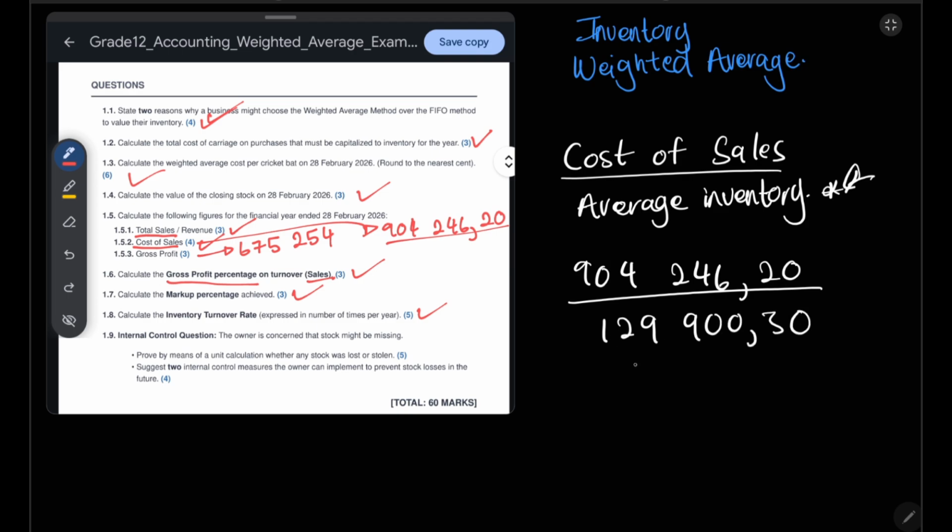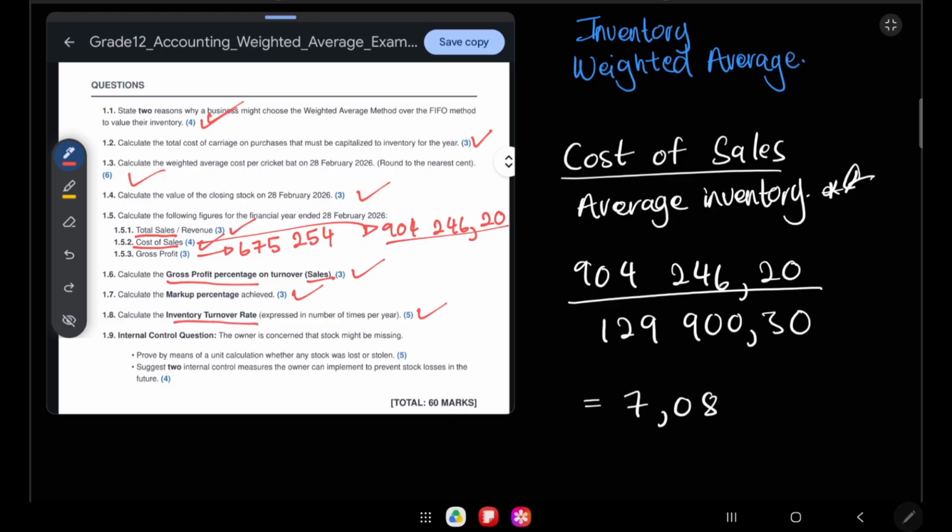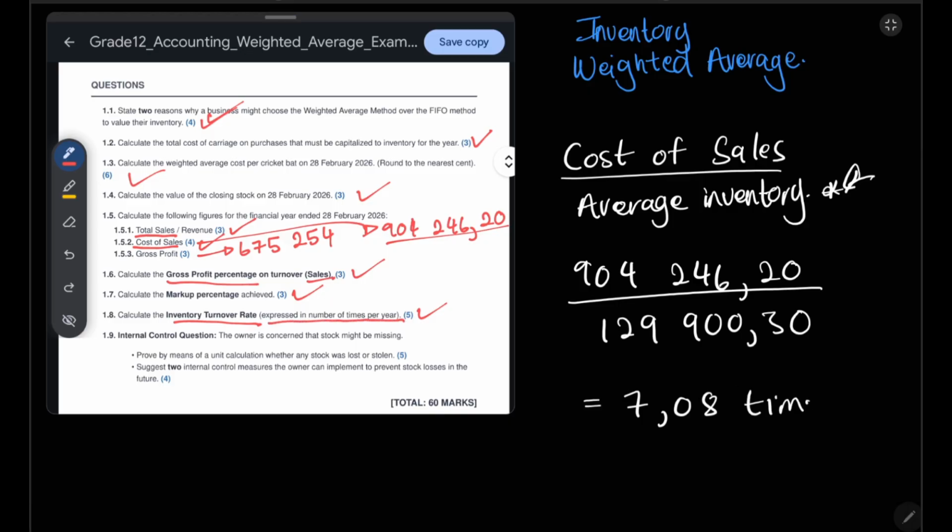So when you punch that in your calculator, you should get an answer of 7.08. And remember, inventory turnover rate, they told you that it's expressed in number of times per year. So you'll write times per year. Now let's move to the next question.